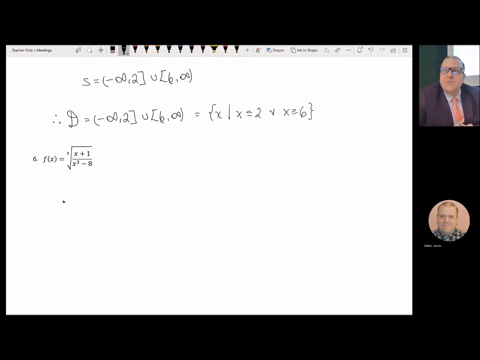Because if the cube root can't equal 0, that means what's under it can't be 0. So I'm just going to go with x cubed minus 8 cannot be 0, which means x cubed cannot be 8. So x cannot equal what?